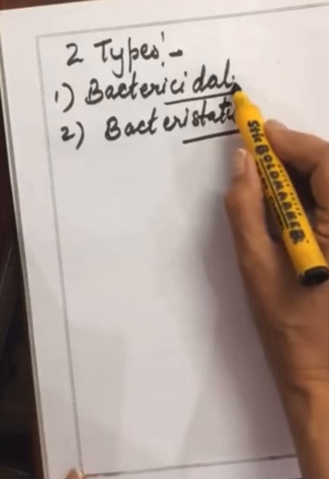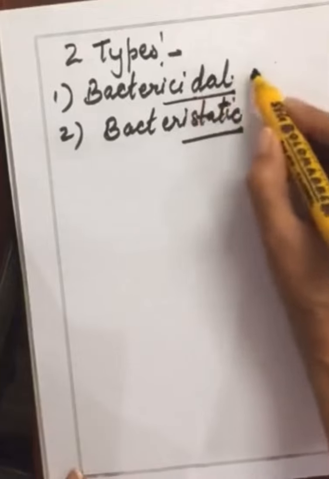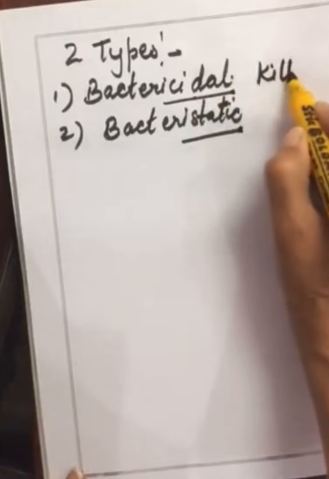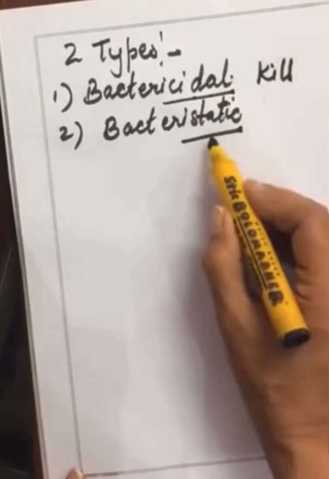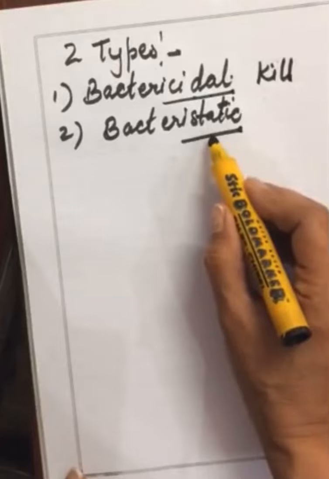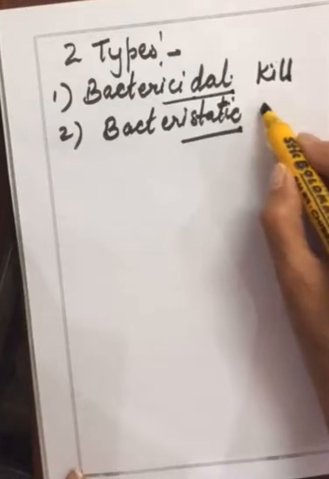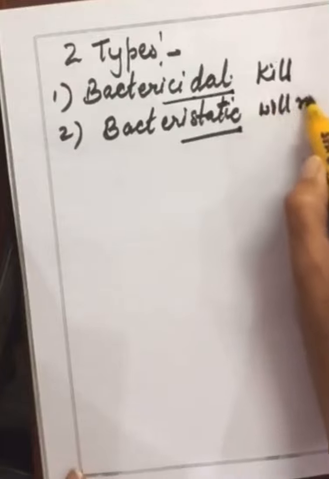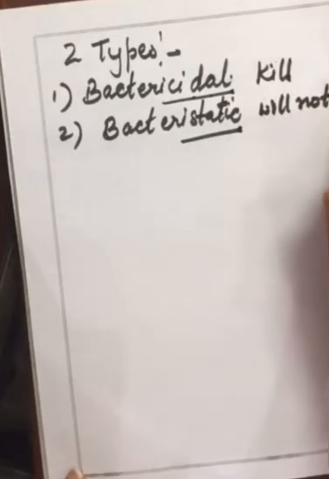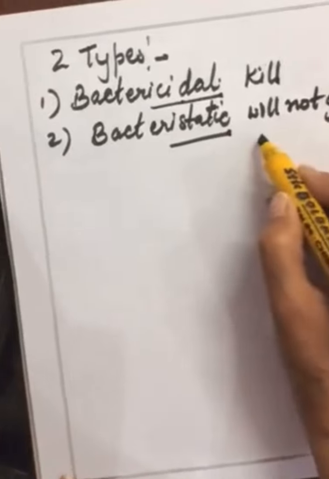So bactericidal antibiotics are used to kill the microorganisms. And with bacteriostatic antibiotics, the microorganisms will not grow further.